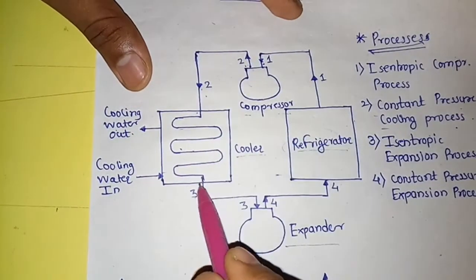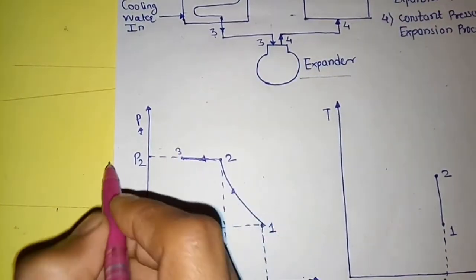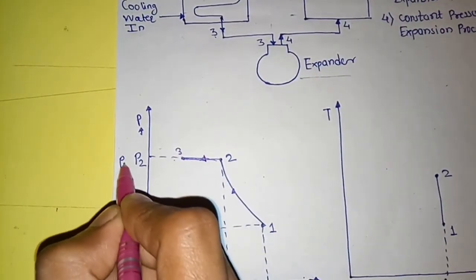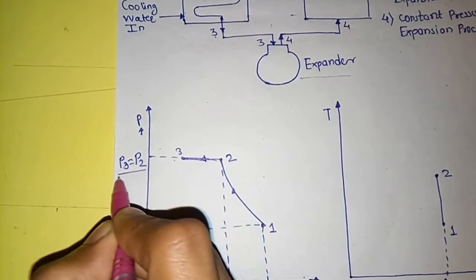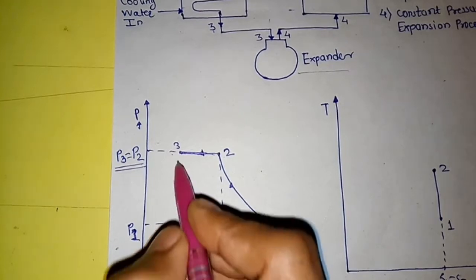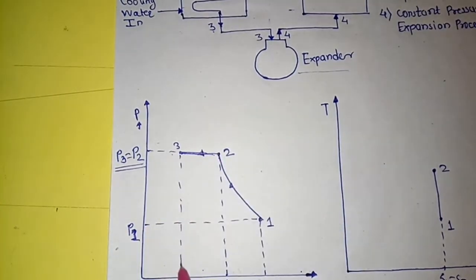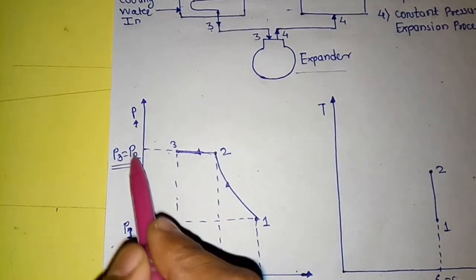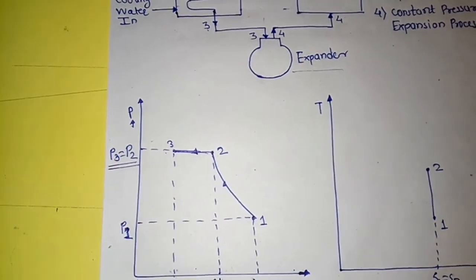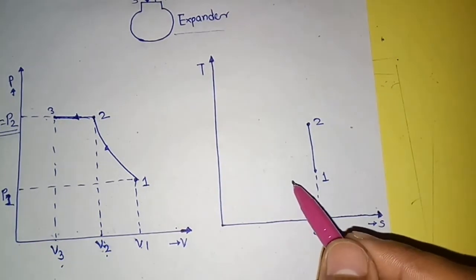From point 2 to point 3, this is point 3, the pressure of this point P3 is equal to P2, and the specific volume decreases from V2 to V3, but pressure remains constant.